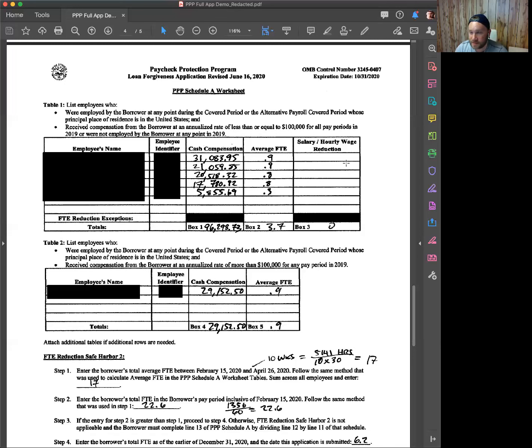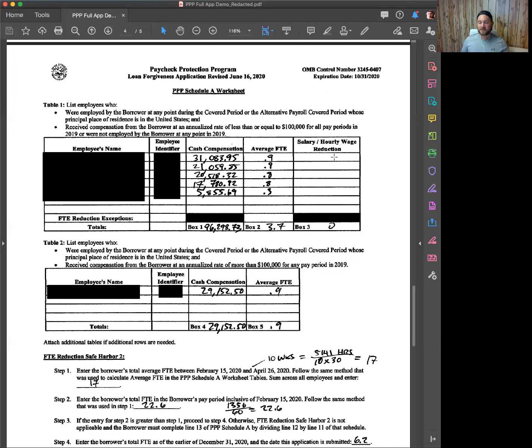Now in box 3, this is where you would list salary or hourly wage reductions, okay? And salary or hourly wage reductions are calculated based on how much you would have paid somebody if you paid them the same amount that they made in Q1 of this year for the hours that they worked in the covered period.